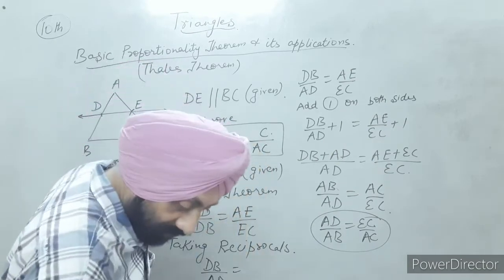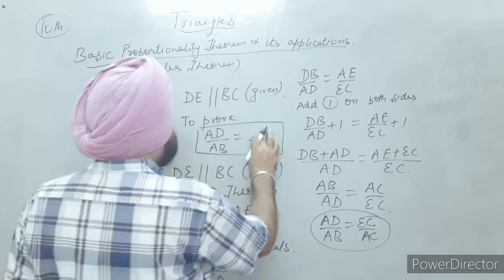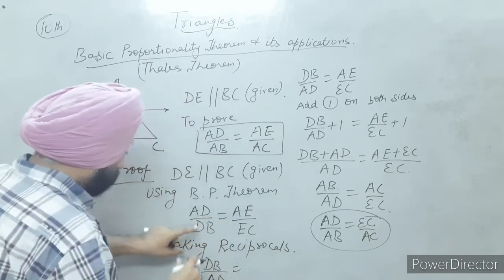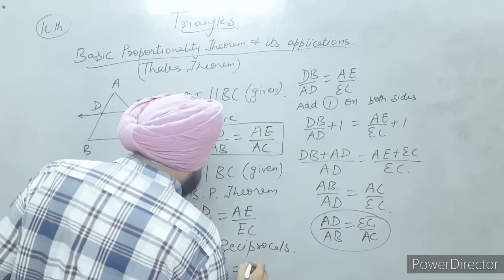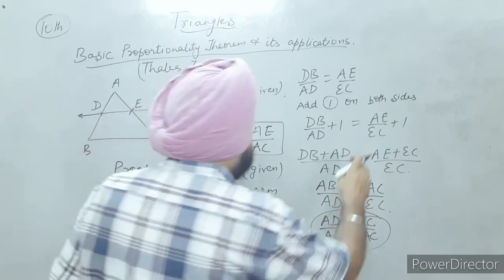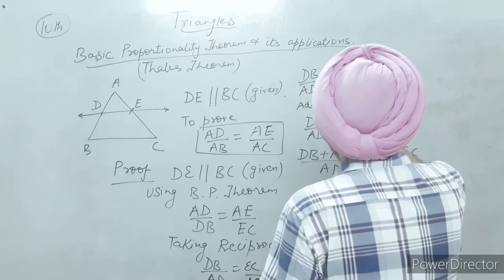Taking reciprocals on both sides, it is DB upon AD is equal to EC upon AE. Now add 1 to both sides.